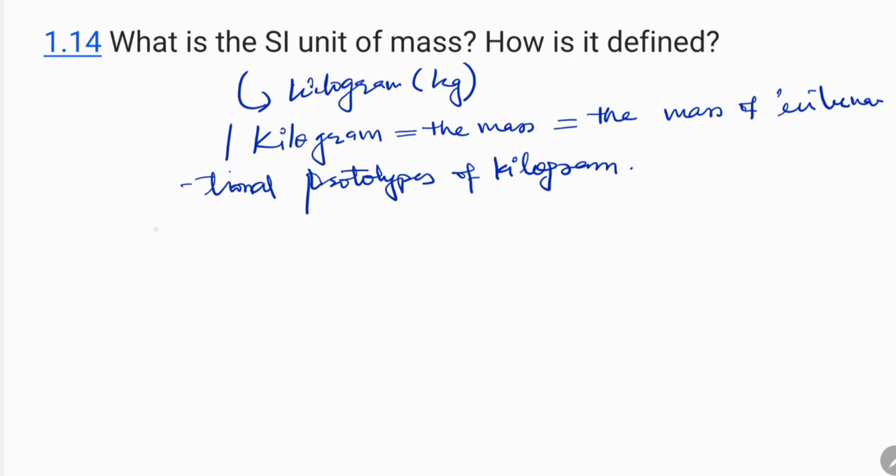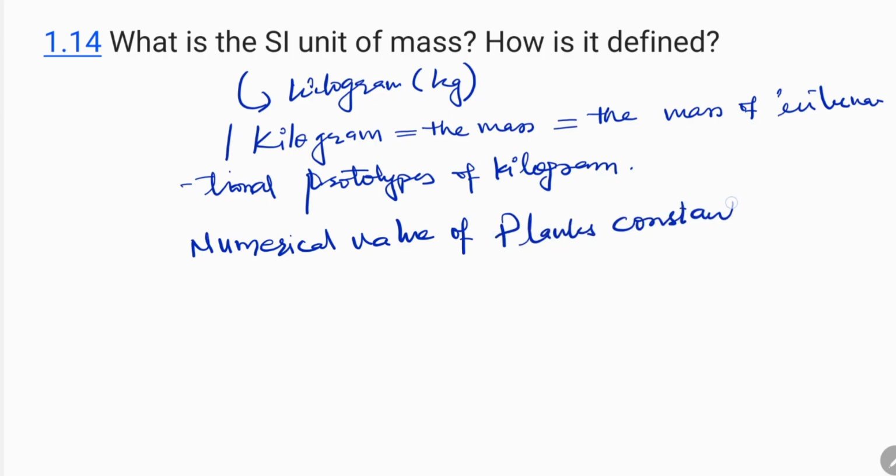There is another way to define kilogram. We take the numerical value of Planck's constant, which is h. It is a fixed numerical value, which is approximately 6.626 into 10 raised to power negative 34.